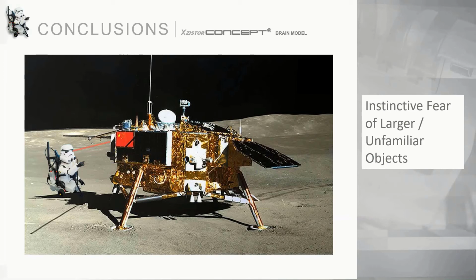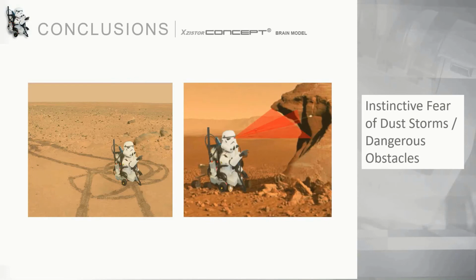Similarly for strange objects or larger unfamiliar objects, we can just give an instinctive fear to the robot to say, if you're looking at something that's higher than yourself that you haven't seen before, you will have an instinctive fear, and just bring in a little bit of caution instead of just running into it or approaching it directly, or perhaps damaging either the device or the robot.